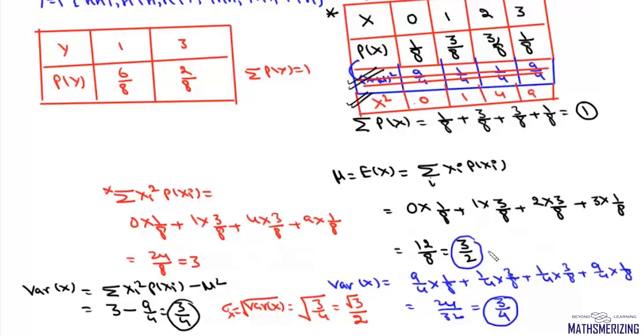If the value of mean is complicated, then it's better to use x square. And if mean is simple, then we can simply use x minus mu square. This is how we define a random variable, and for that random variable, we can create a probability distribution. And from the distribution, we can work out its mean, variance and standard deviation.